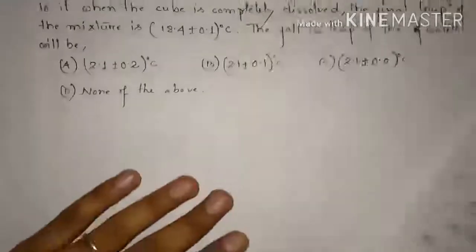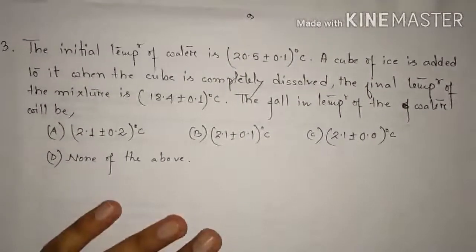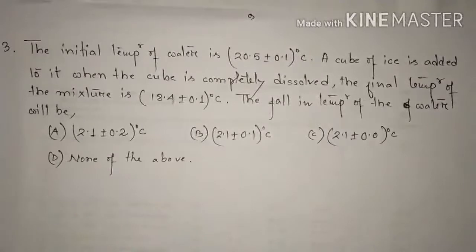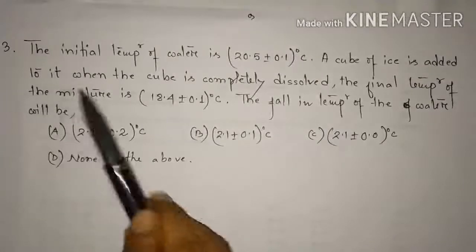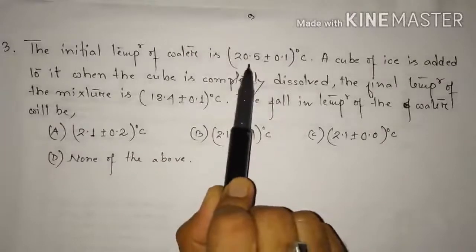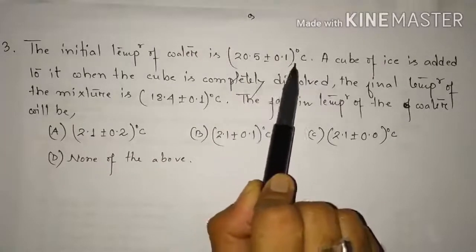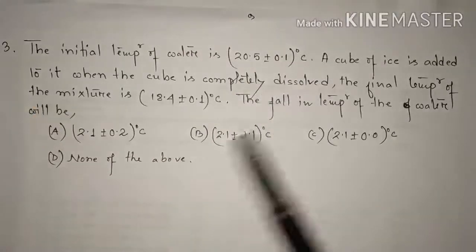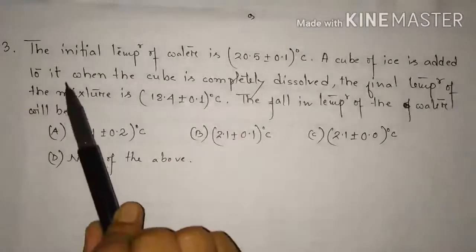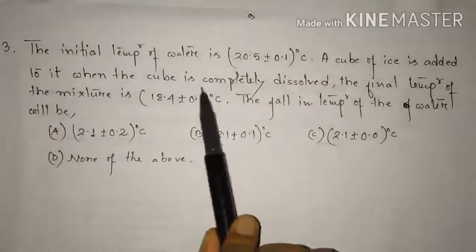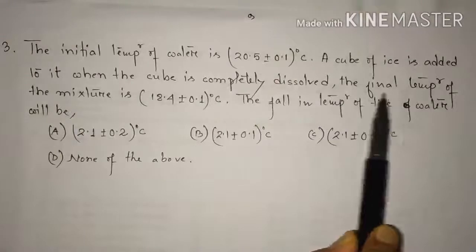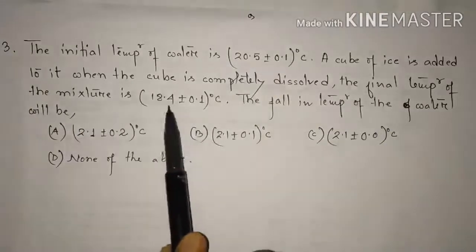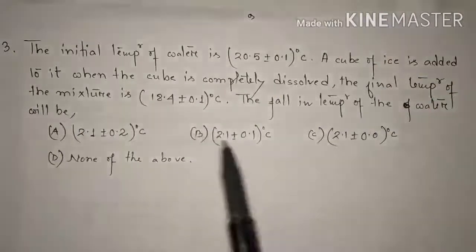Now let us see the last MCQ. The question is, the initial temperature of water is 20.5 plus minus 0.1 degree centigrade. A cube of ice is added to it. When the cube is completely dissolved, the final temperature of the mixture is 18.4 plus minus 0.1 degree centigrade.